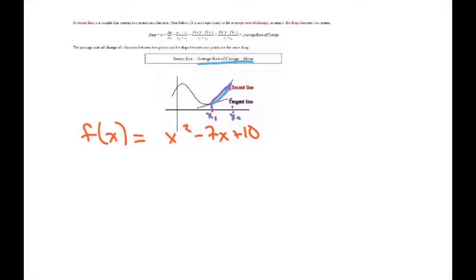In our case, we're going from -1 to 1 on our x. There's your x1 and x2. So we've got to find our y values. Let's plug those in and see what we get.